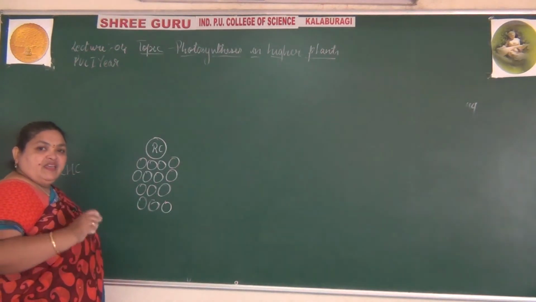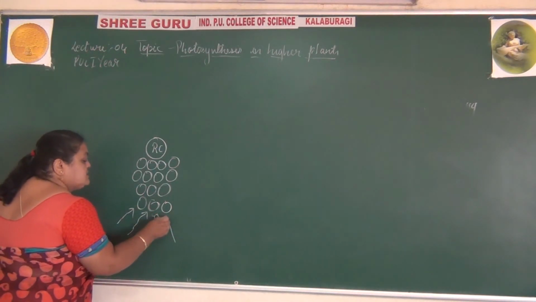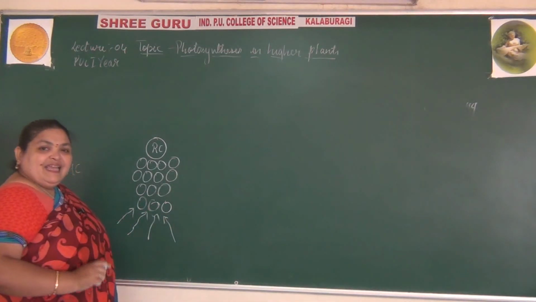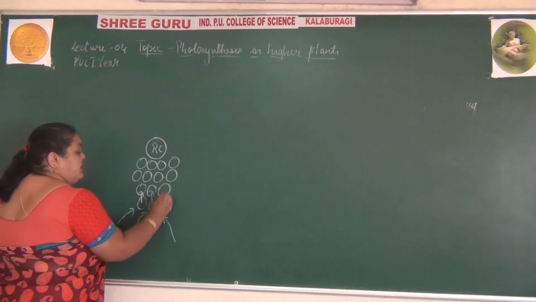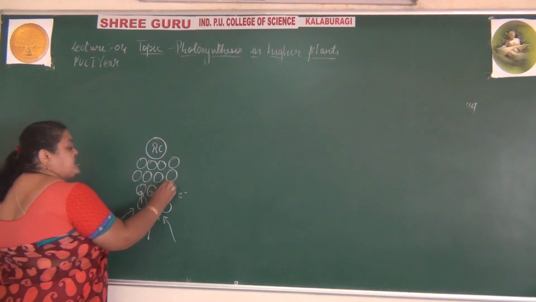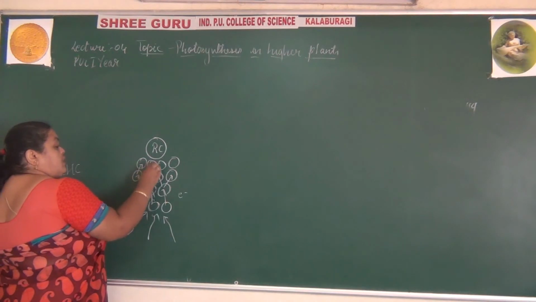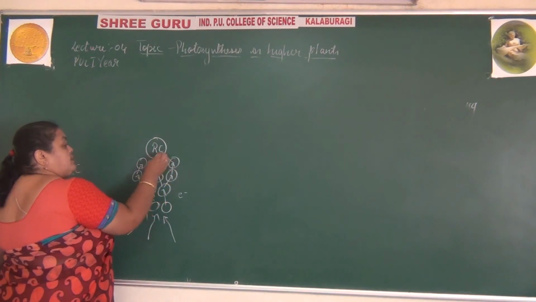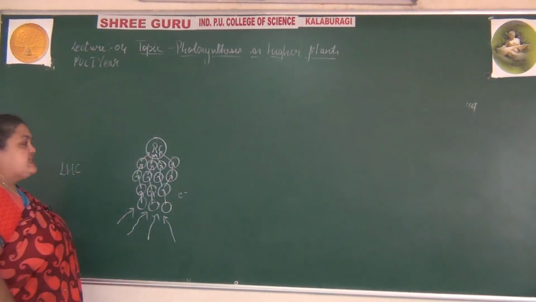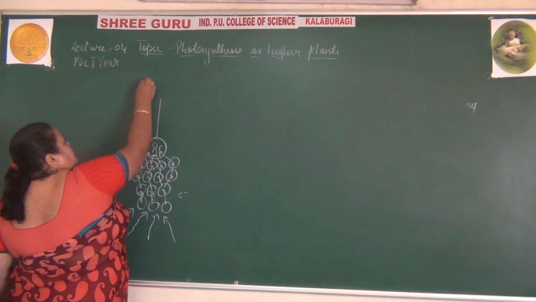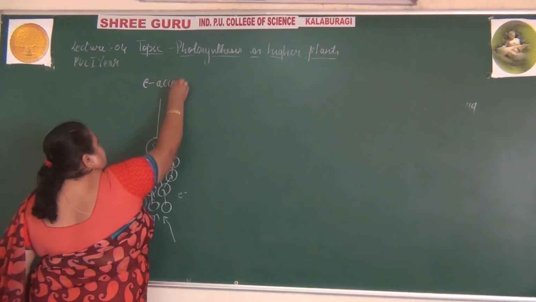When the light falls on these pigments, they get photoexcited and start to emit electrons. These electrons are passed from one molecule to another, ultimately reaching the reaction center and the primary electron acceptor.